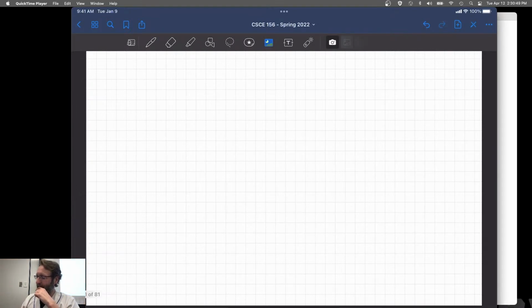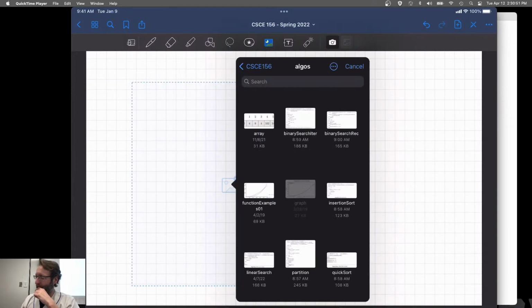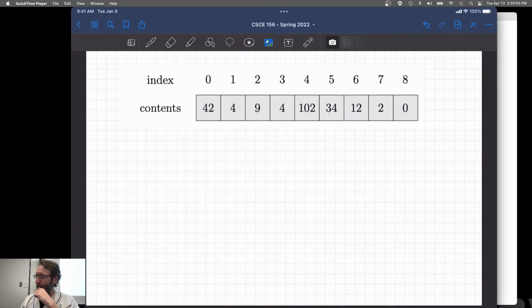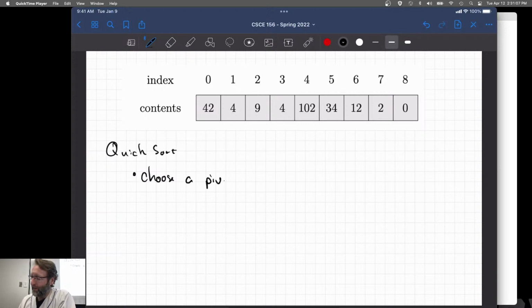Before we look at the pseudocode for the next one, let's remind ourselves how quick sort actually works. Quick sort. All right. Here's the idea. You choose a pivot element.